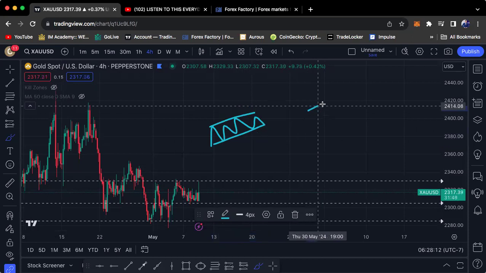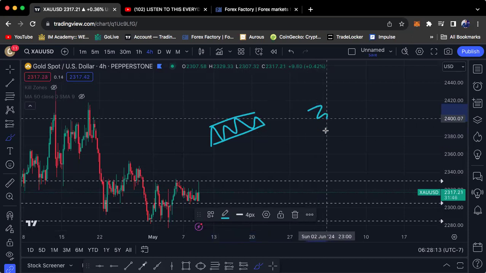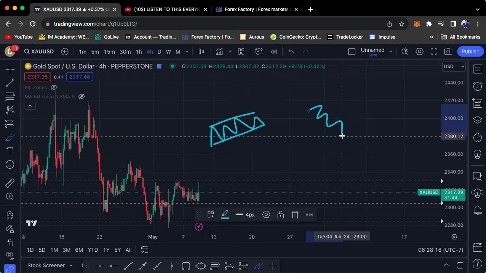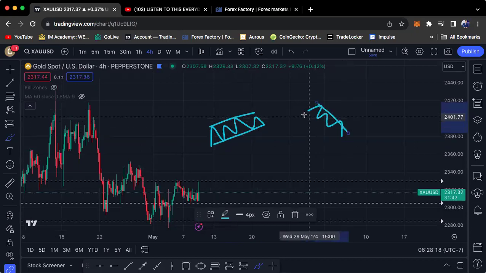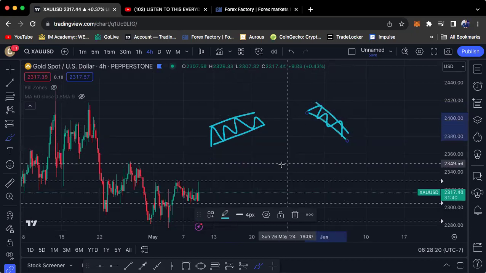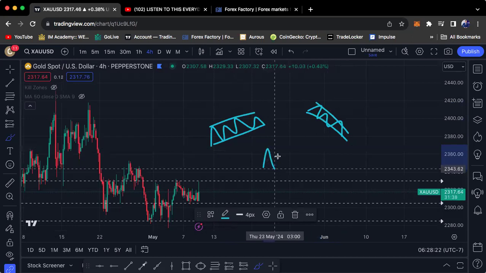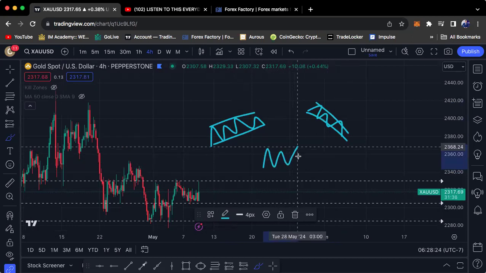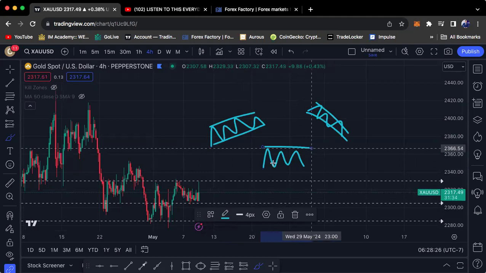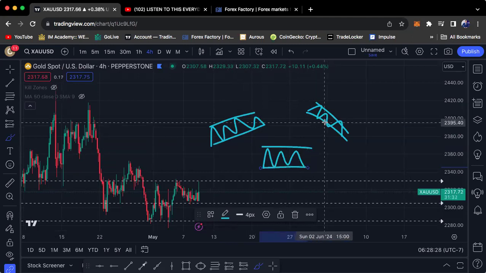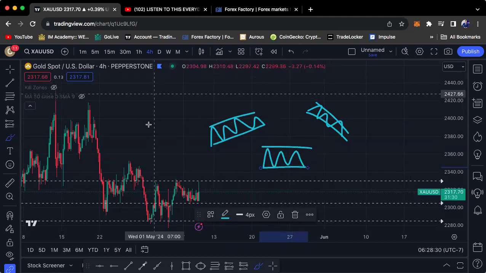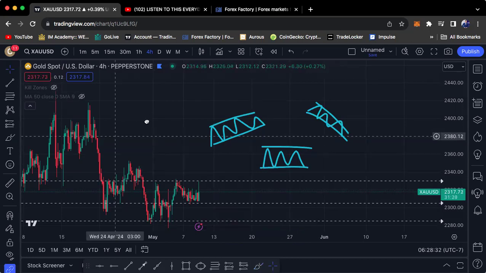And then there's descending consolidation, right? And then it's just the regular one that goes like that, right? There's three types of consolidation. So that's what I see here.